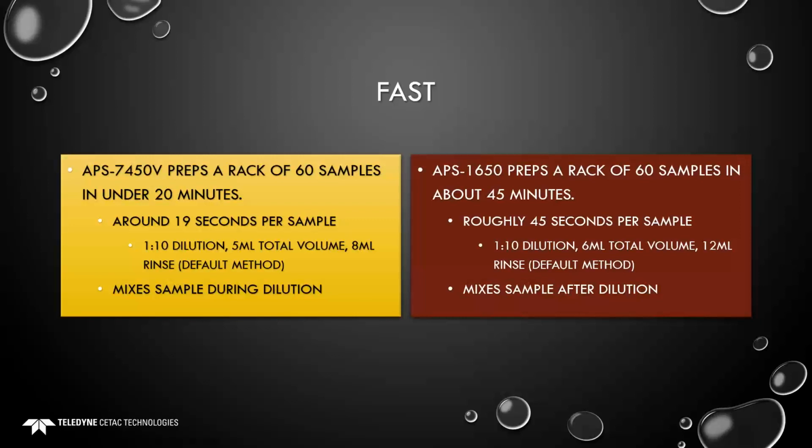For reference, the 1650, our previous system, would prepare the same rack of samples in about 45 minutes. And that is a pretty similar dilution, the standard default method of 1 to 10 dilution with 6 mL total volume, 12 mL rinse, so a little bit different. But the new system is a little bit more than twice as fast and includes mixing during dilution rather than after the dilution.